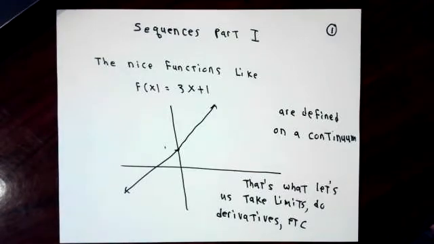I want to think back to Calculus 1, where typically we had functions like f of x equals 3x plus 1. The domain of that function is the collection of all real numbers. You can put any real number x into it and get an answer back.